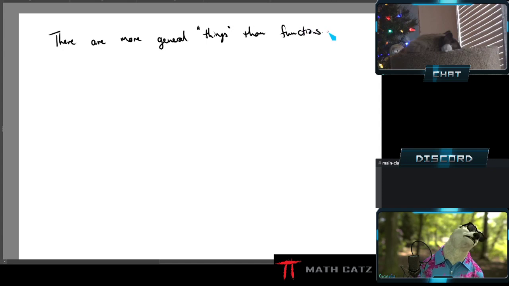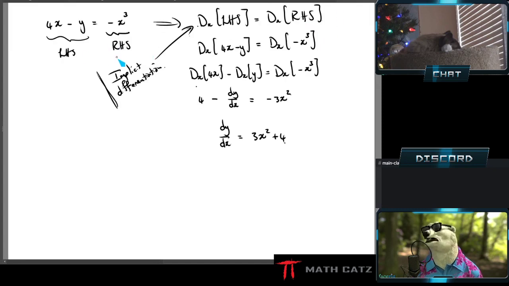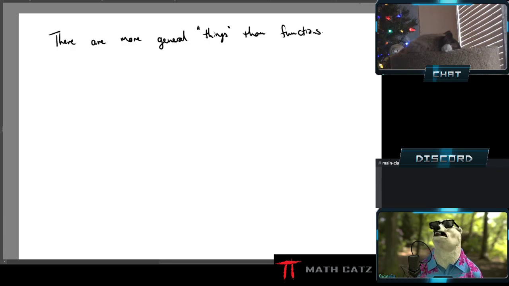And casually speaking, there are things that come from equations where I can't solve for y. If I can solve for y, that's a function. If I can't solve for y, it's part of this more general structure called relations. Now, those things are not easy to work with and much more varied within that concept.